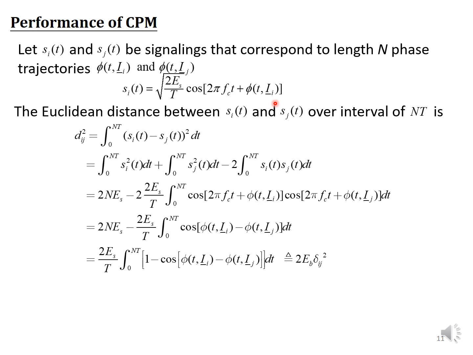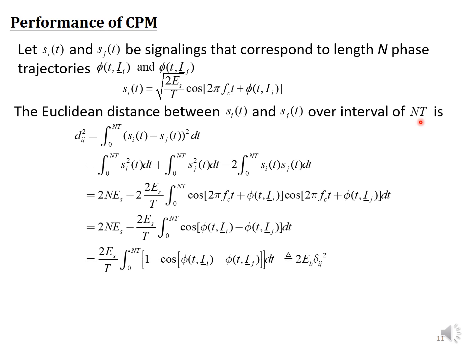So the maximum likelihood sequence detection is based on the Euclidean distance between any two candidates. Say s_i(t) is one candidate in the trellis path, s_j(t) is another candidate in the trellis path over the interval of nT.